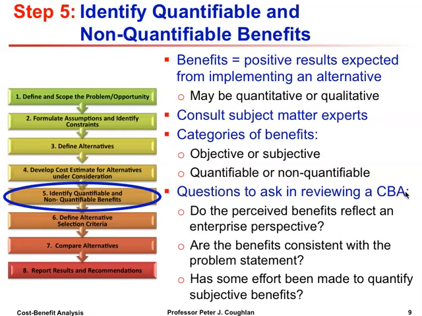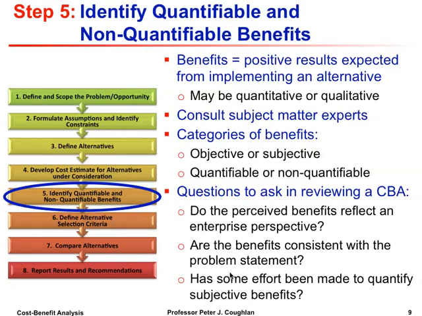Now, again, some of the questions we ask if you're reviewing a cost-benefit analysis report. For example, do the perceived benefits reflect an enterprise perspective, as we are directed to do in all Army cost-benefit analyses? Are the benefits consistent with the problem statement, right? In other words, one of the benefits presumably should be that it solves the problem, and to what degree it solves the problem.